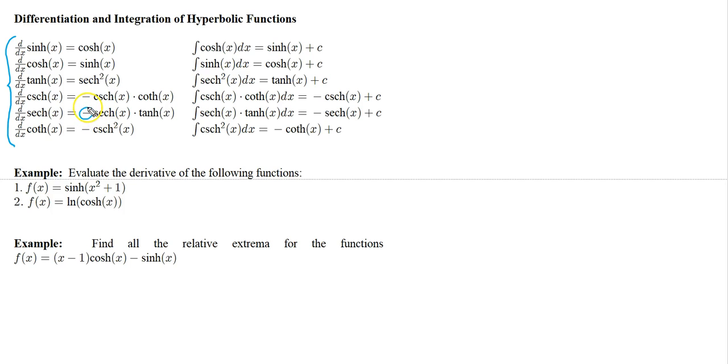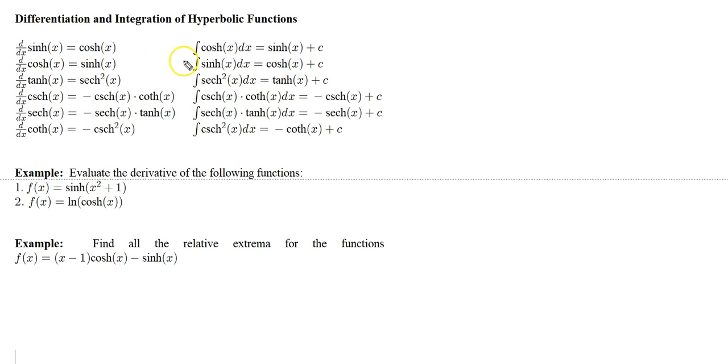Our trigonometric rule, remember, was derivative of secant is secant times tangent. So we had a plus there for the trigonometric version of this. And then the derivative of the hyperbolic cotangent is negative hyperbolic cosecant squared of x. So that matches with our trigonometric derivative. So the two that differ by a sign are this one right here and this one. All the other ones match with our trigonometric derivatives.